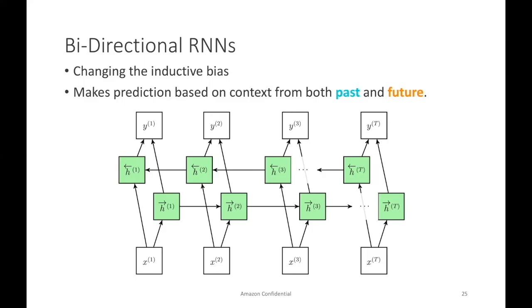So okay, now let's get back to bidirectional RNNs. What are these bidirectional RNNs? They are based on the fact that not only the past is important for understanding, but also the future is important for understanding.